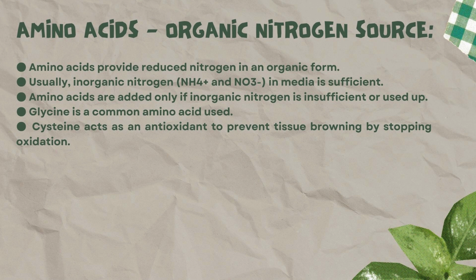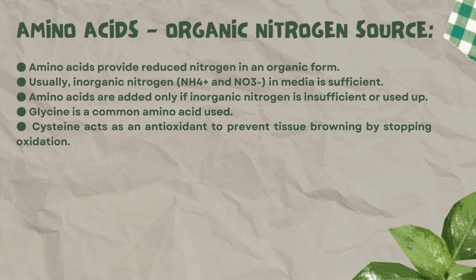But in most cases, the inorganic nitrogen sources that we add to the medium, like ammonium NH4 and nitrate NO3, are actually enough to support plant growth. So we add amino acids only if there is not enough inorganic nitrogen available or if it's all been used up.